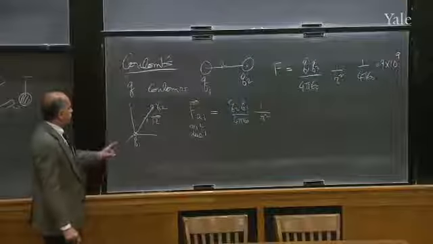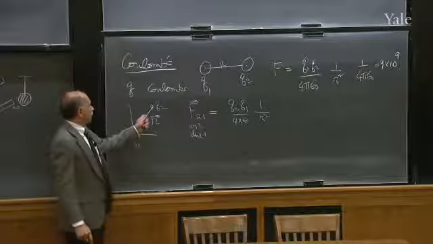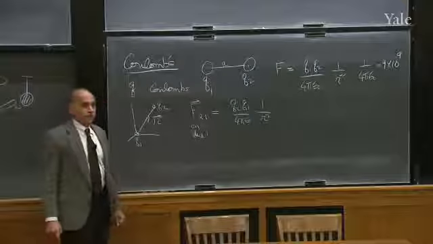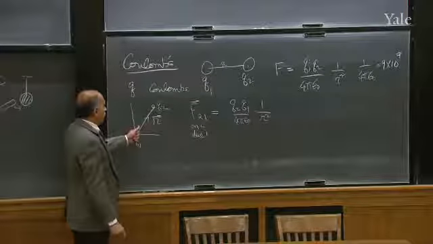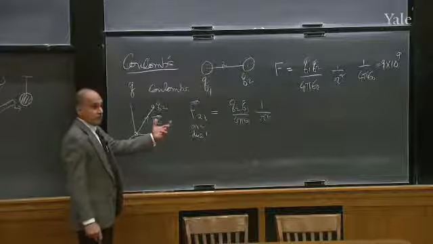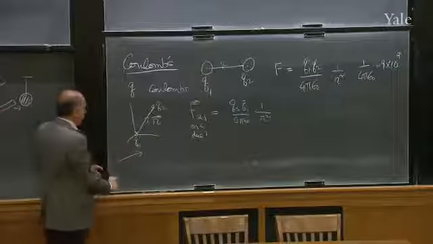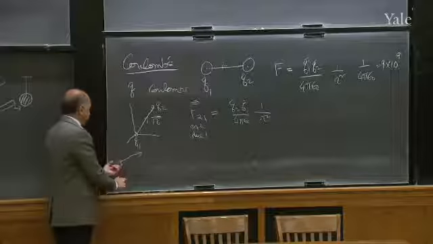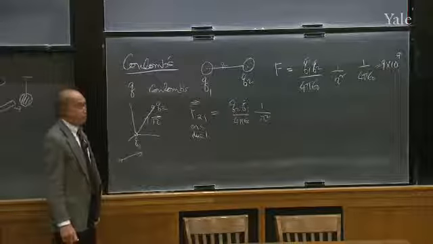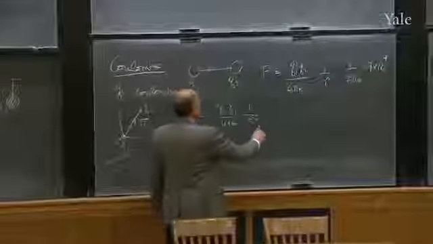But I want to suggest that the force is such that Q1 pushes Q2 away. So I want to make this into a vector, but I got the magnitude of the vector. As you know, to make a real vector, you take its magnitude and multiply it by a vector of unit length in that same direction. The unit vector we can write in many ways.